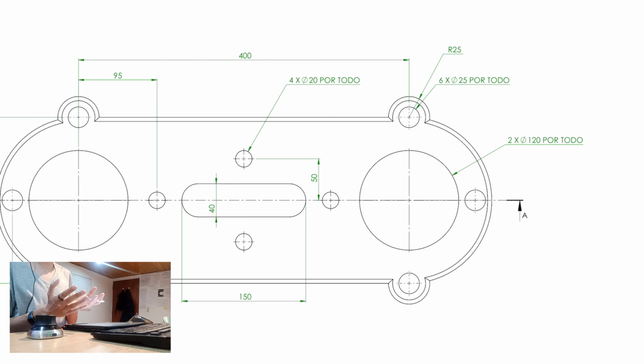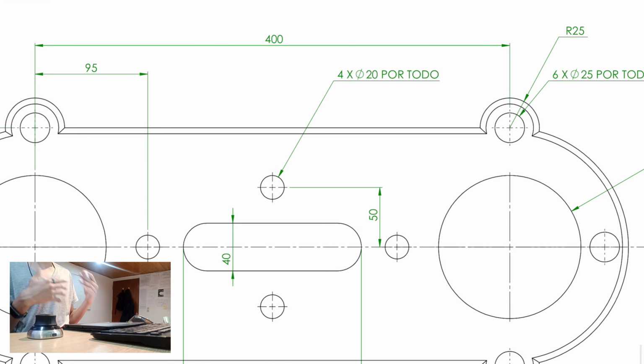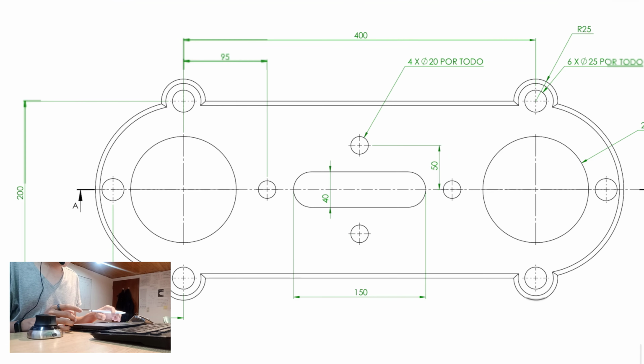If he does not know if it's working in inches, feet, millimeters, meters, whatever, he can do what I did. I can assume that these are millimeters. This is a rule. If you don't find that information within the engineering draw, you can assume that these are millimeters.